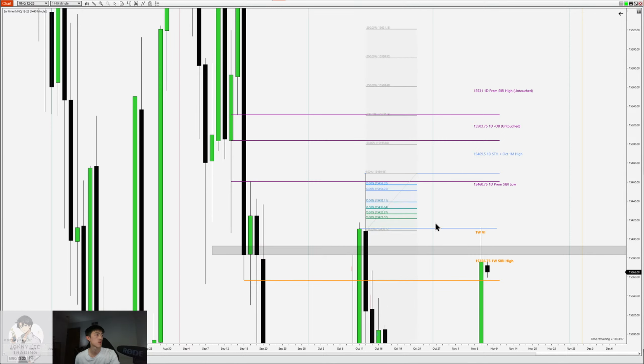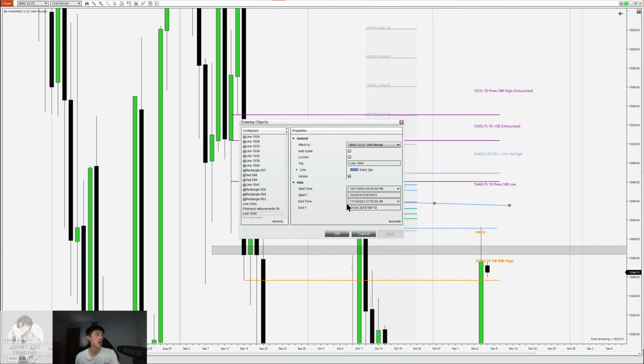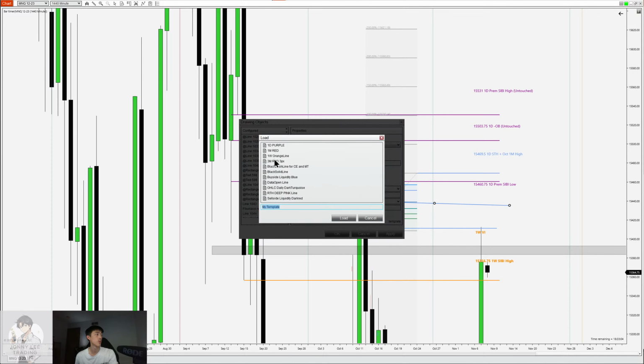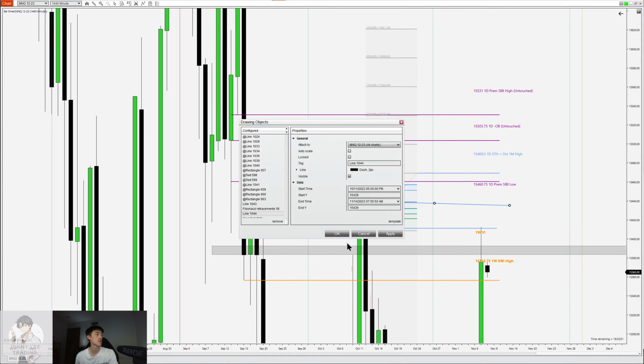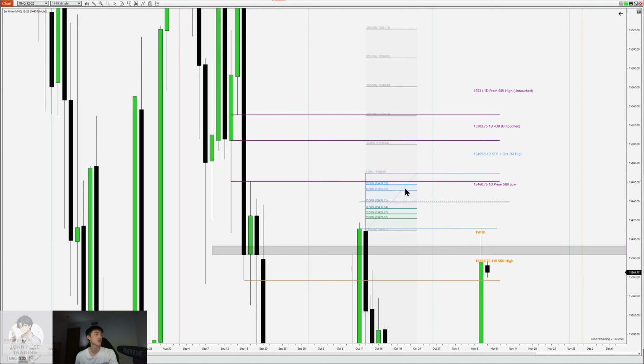This wick is roughly around 15439, we'll call it. And we'll make it into a wick consequent encroachment so that we have that there.